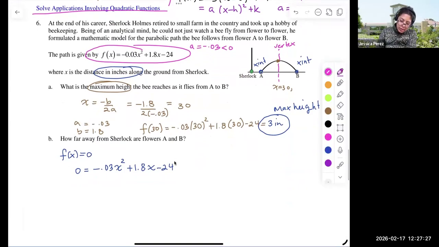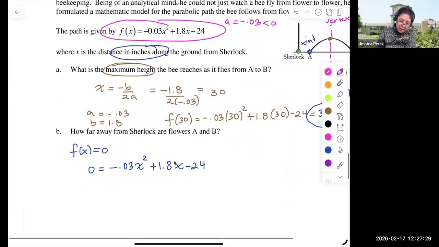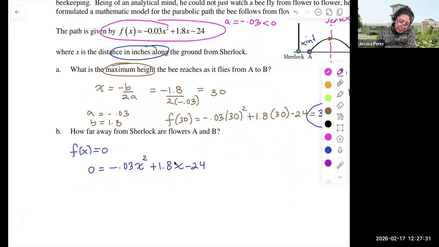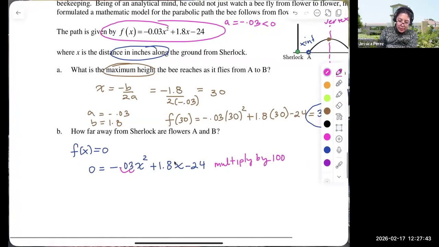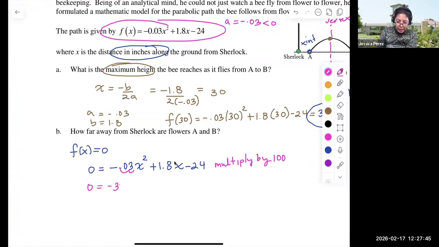And then what we're going to do is actually get rid of our decimals. So if we multiply by 100 first, it's going to be 0 equals negative 3x squared plus 180x minus 2,400.